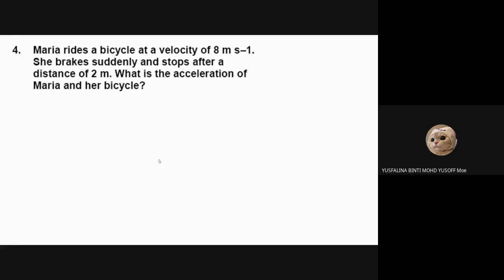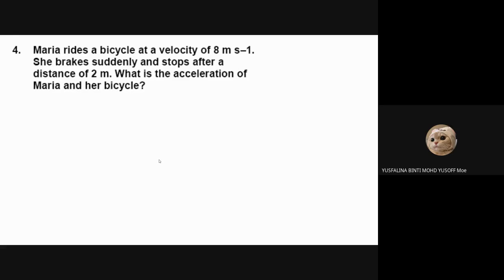So which one is U and which one is V? V is 8.